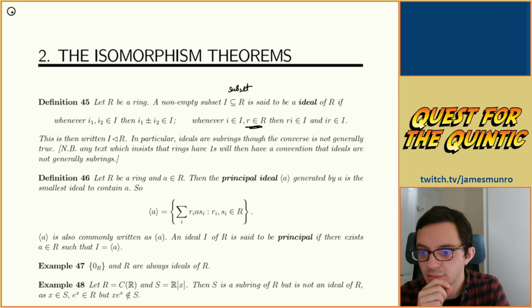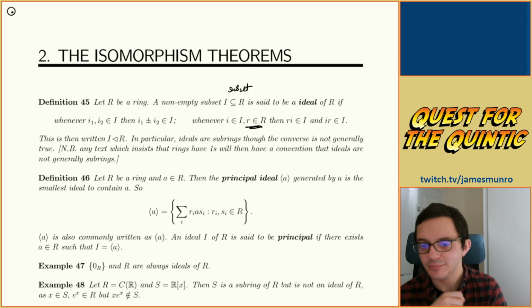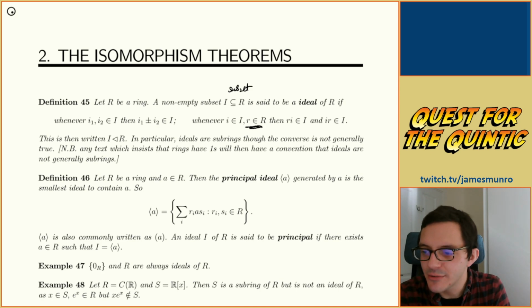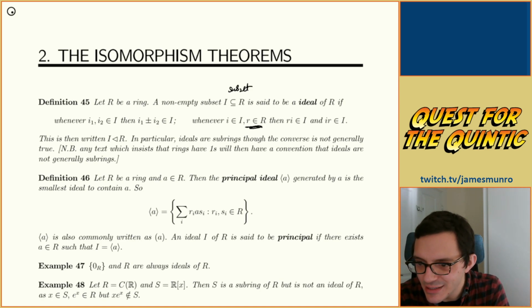Huh. Any text which insists that rings have identities will then have a convention that ideals are not generally subrings. Oh, so your ideal might not contain the identity?